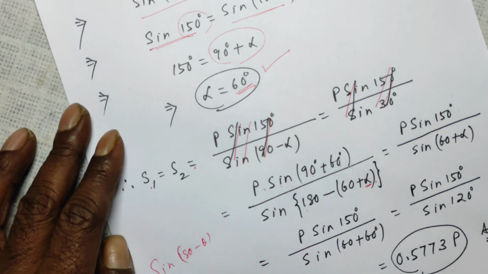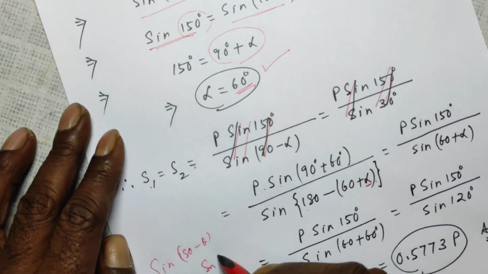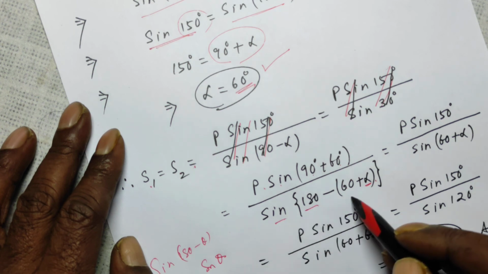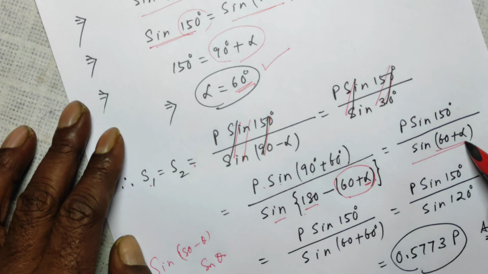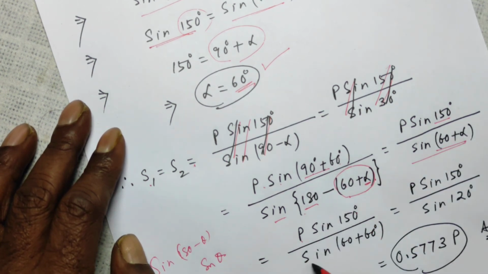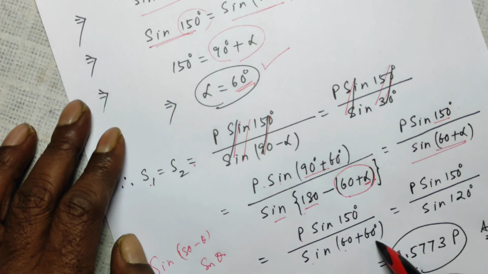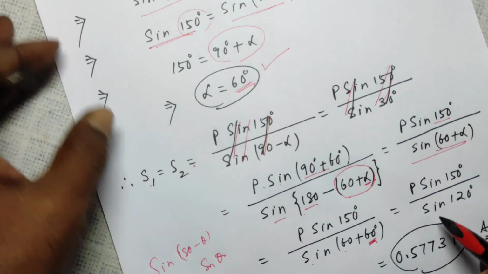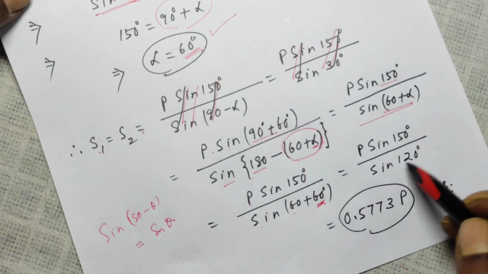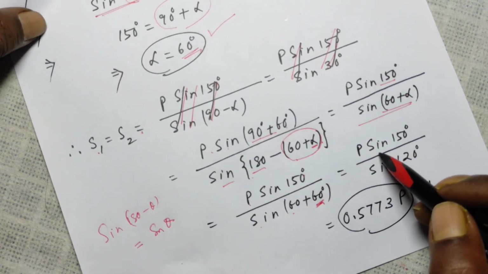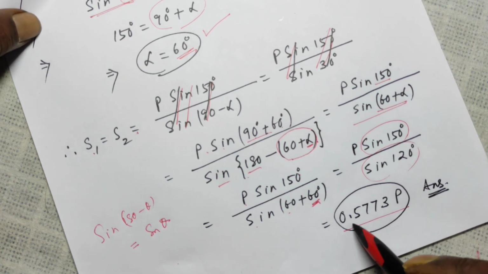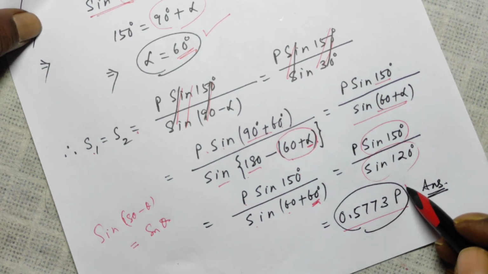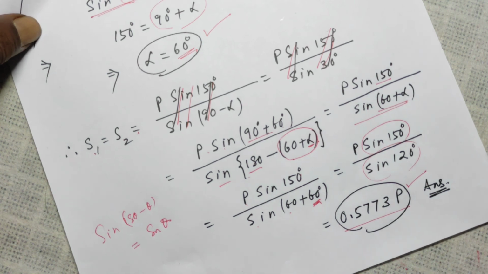So this becomes P sine 150 over sine 120. With a scientific calculator, put sine 150 and sine 120. This comes out to be 0.5773 times P, the applied force.